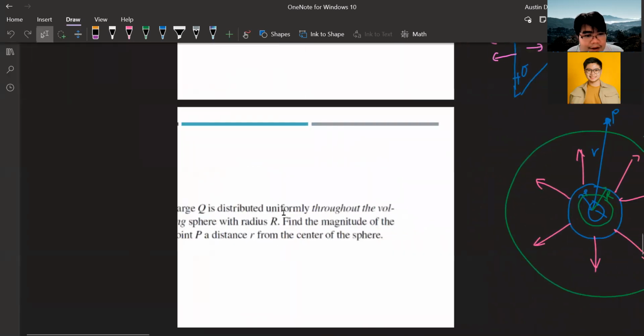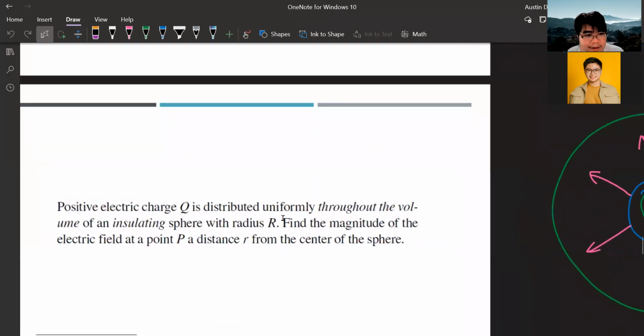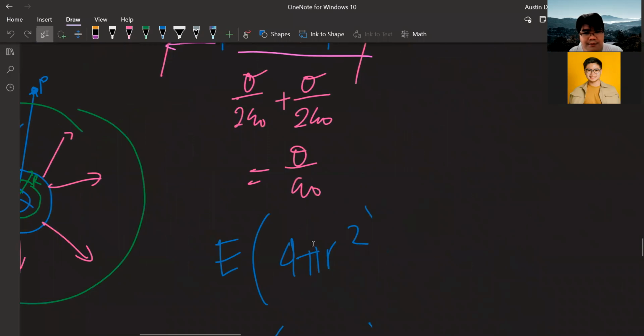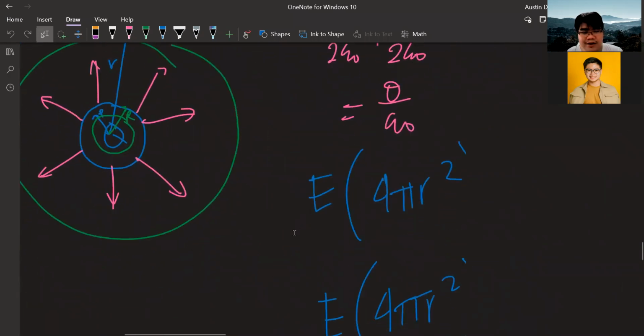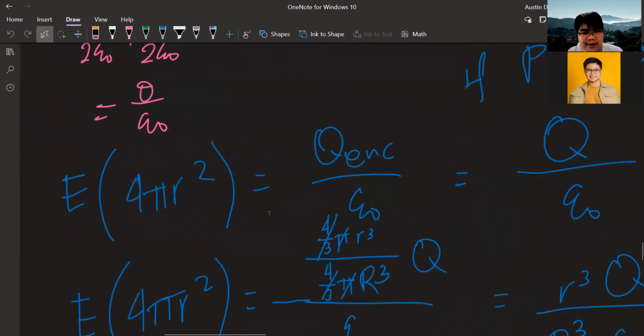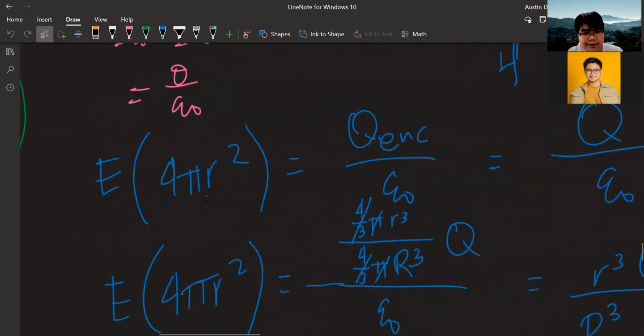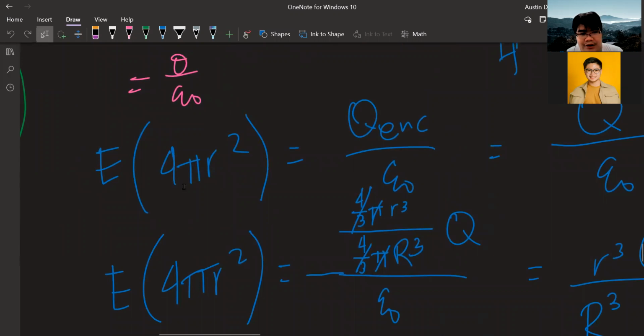Meron tayong example, I think. Ito yung example natin from last meeting na meron tayong positive electric charge Q distributed uniformly throughout the volume of an insulating sphere of radius R. So ano yung implication nito? Kunin mo yung percentage ng volume na na-cover ng Gaussian surface mo. So we have here E times your Gaussian surface, 4 pi r squared. Then Q enclosed would change.